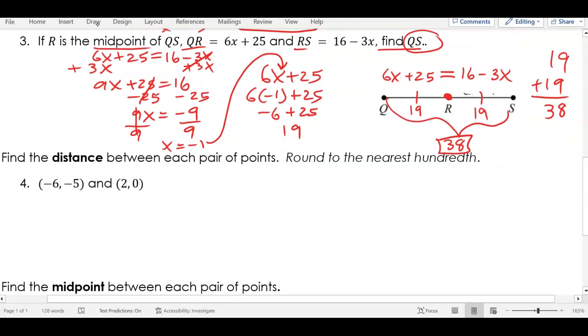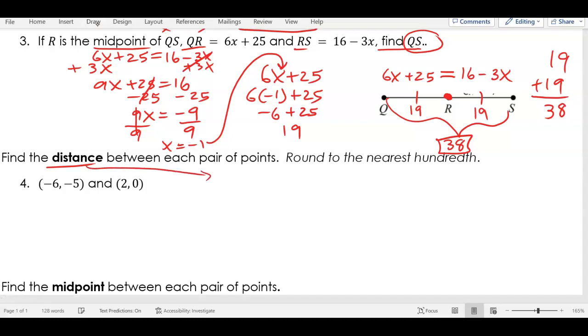All right. Now, when you see the word distance, you should use the distance formula. The square root of x2 minus x1 squared plus y2 minus y1 squared.